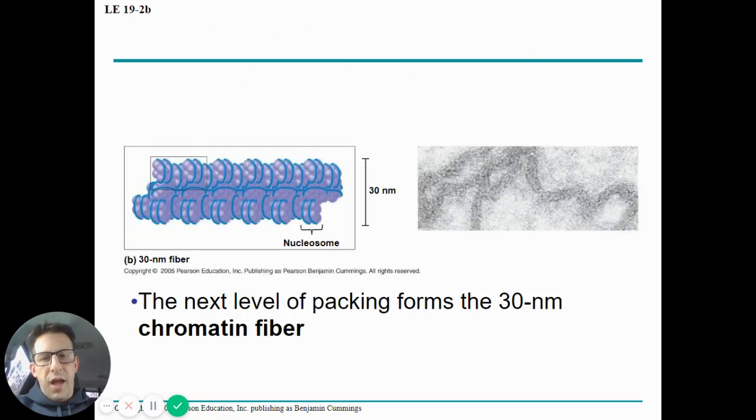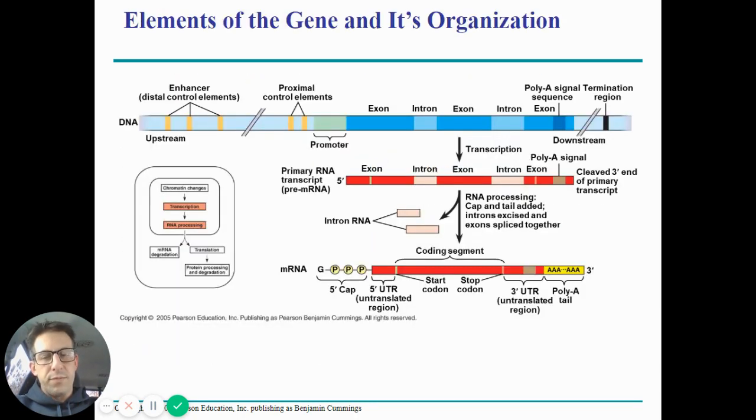There's no way that you can access any of the base pairs to actually read them. So at the level of chromatin fiber folding, that DNA is inaccessible for transcription and translation, for protein folding, or for protein creation.